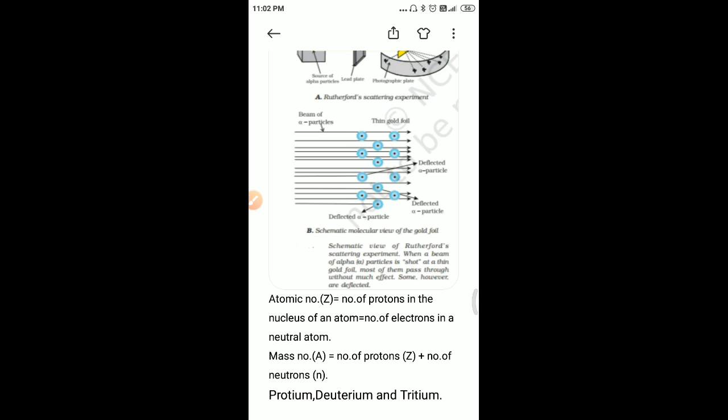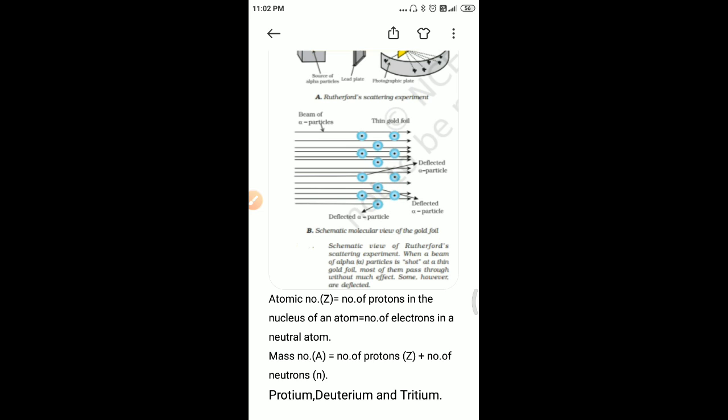Now we should know about isobars and isotopes. The composition of any atom can be represented using the normal element symbol X, with the mass number A as a superscript and the atomic number Z as a subscript on the left-hand side. Isobars are atoms with the same mass number but different atomic numbers.